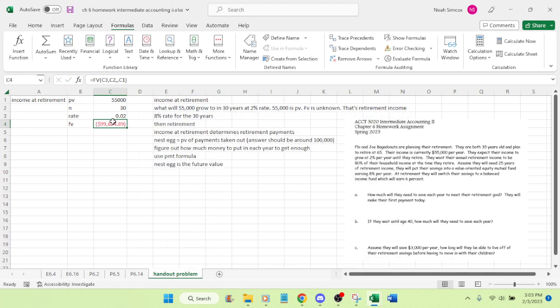So that's going to be their income, and then they want their retirement income to be 80% of that. 8% rate for 30 years.